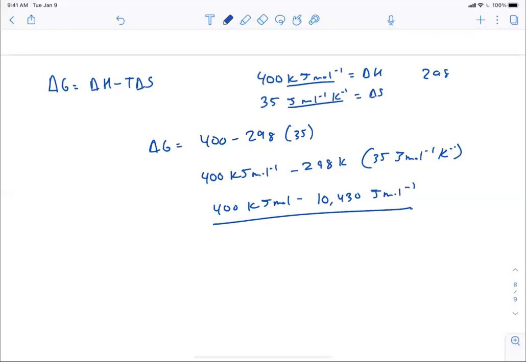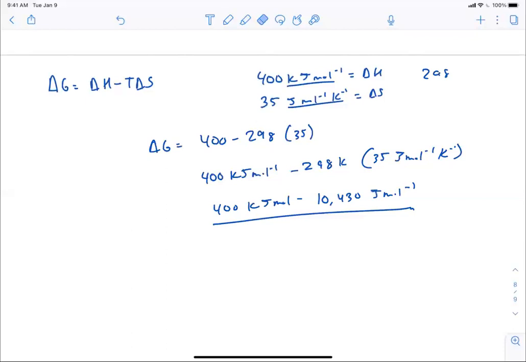When you look at that, a red flag should tip you off that something is wrong, because one's in kilojoules and one's in joules. I'm not saying you're going to catch it every time because you're still going really quickly, but there's a chance that you might see it, going, wait, why do I have kilojoules on one side and joules on the other side?